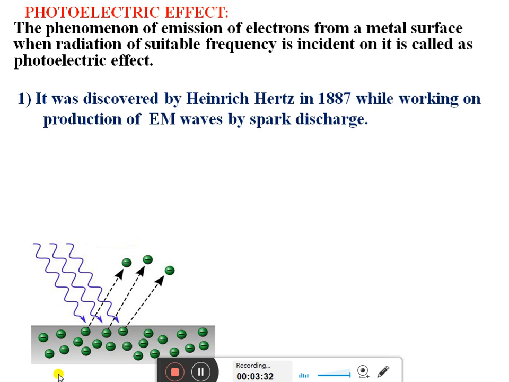In that experiment, he allowed ultraviolet radiation to be incident on the electrode, and to his surprise, electrons were emitted from that metal surface. He observed a cloud of electrons moving between the two electrodes, studied that phenomenon, and then named it photoelectric emission. So, photoelectric emission was discovered by Heinrich Hertz.